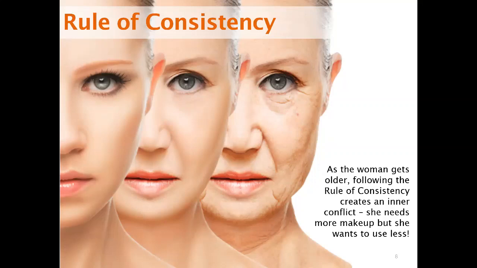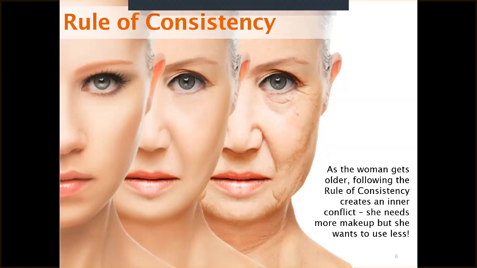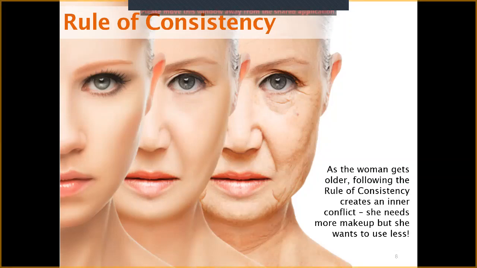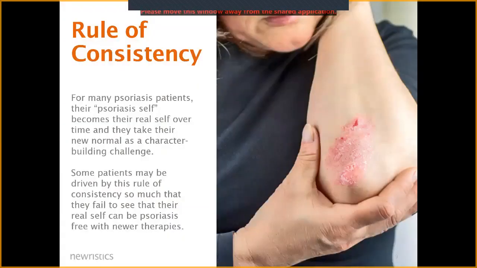Because to address this conflict, you can potentially maintain your look and be less chemical dependent. So it is an example from everyday life of how rule of consistency can drive decision making in some very interesting, very complex ways.